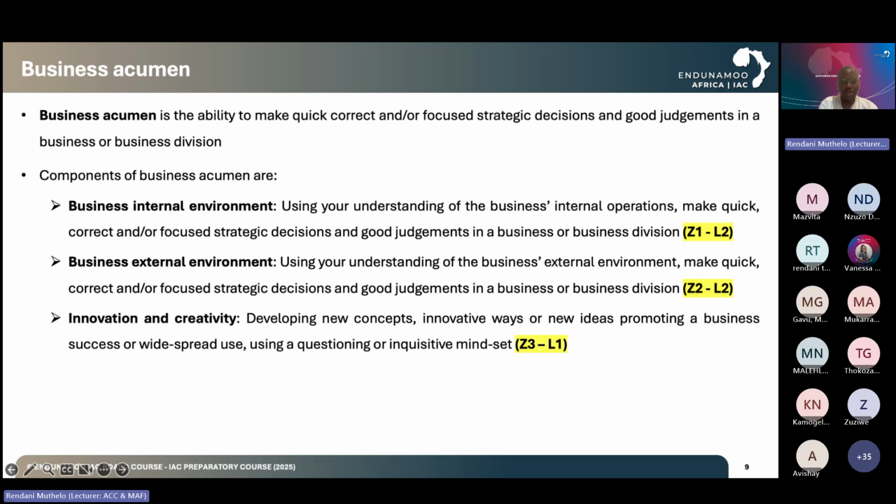External is the external environment, where we are thinking about the likes of PESTEL as well as Porter's in our decision-making process. So for me, when I say level 2, because we are not so sure, I would say take it as important as level 3. Take it as important as level 3.